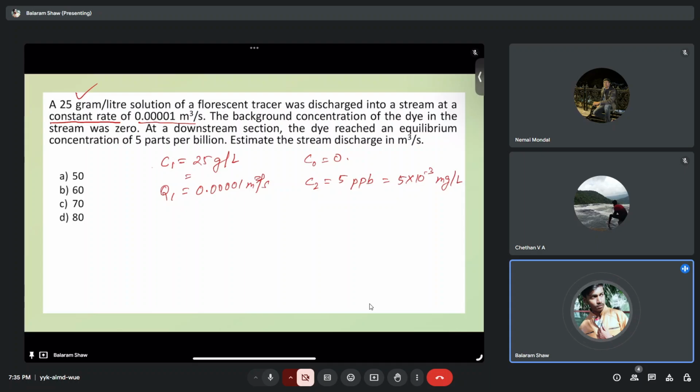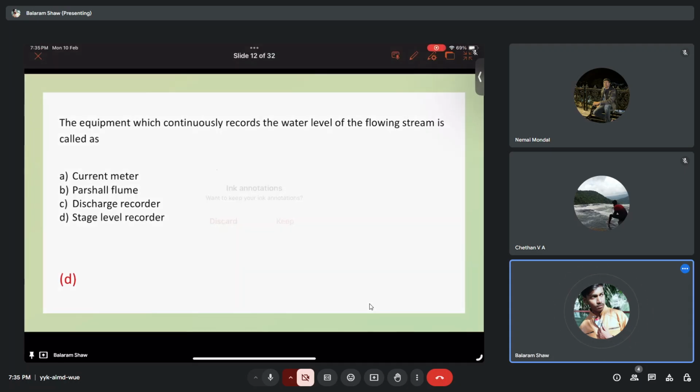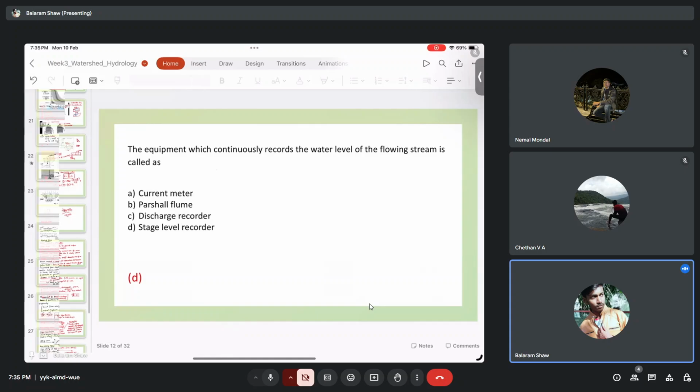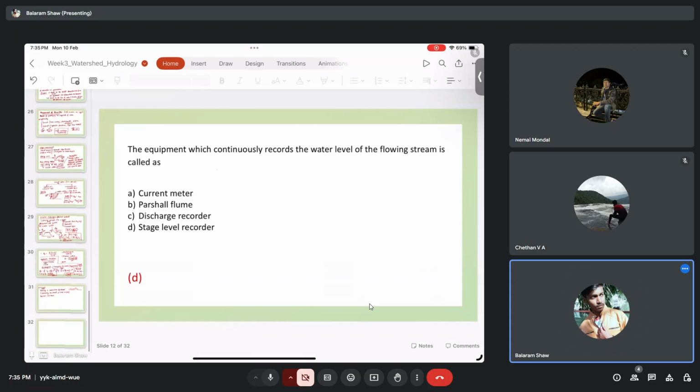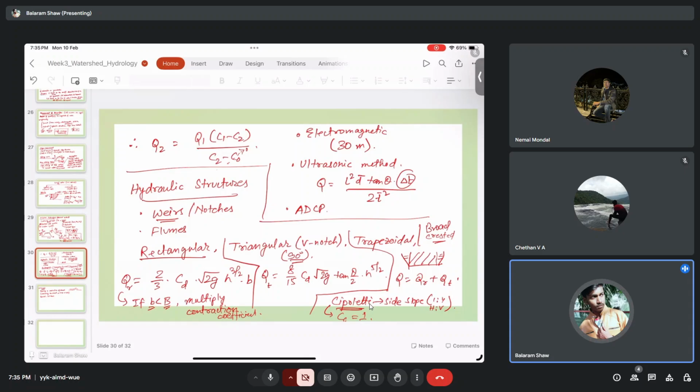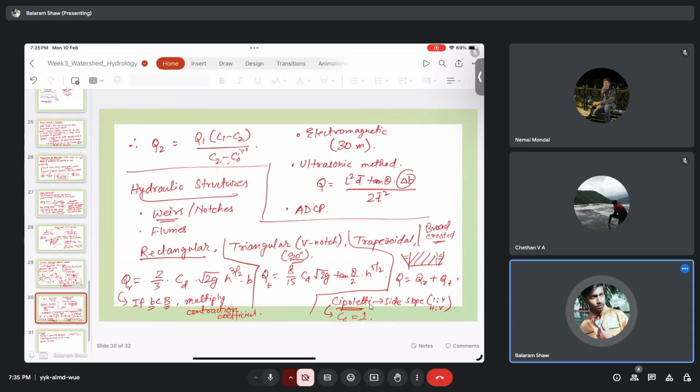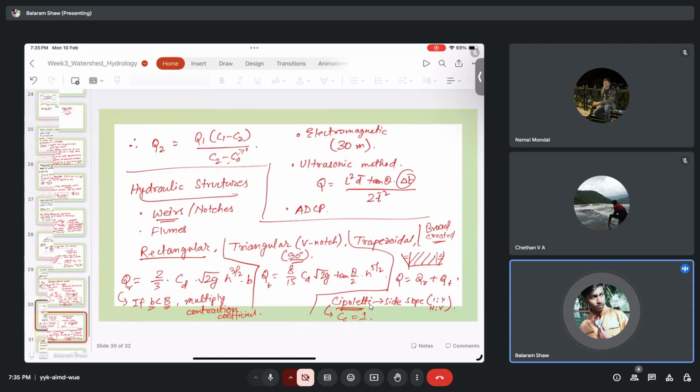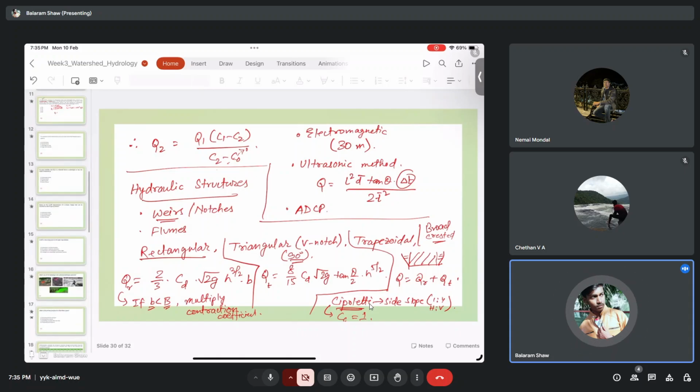So 25 gram into 10 to the 3 gram per liter, right? Now just use that formula, that is Q2 equals Q1 into, and this C naught is given as 0, so we'll just write Q1 into (C1 minus C2) by C2.